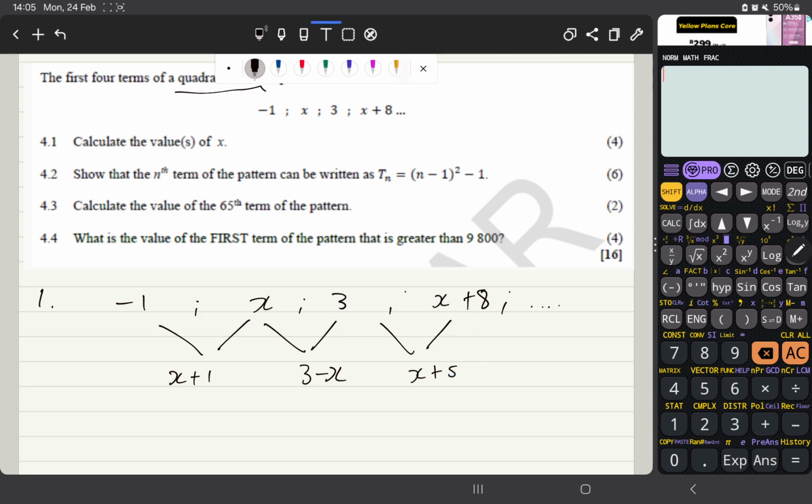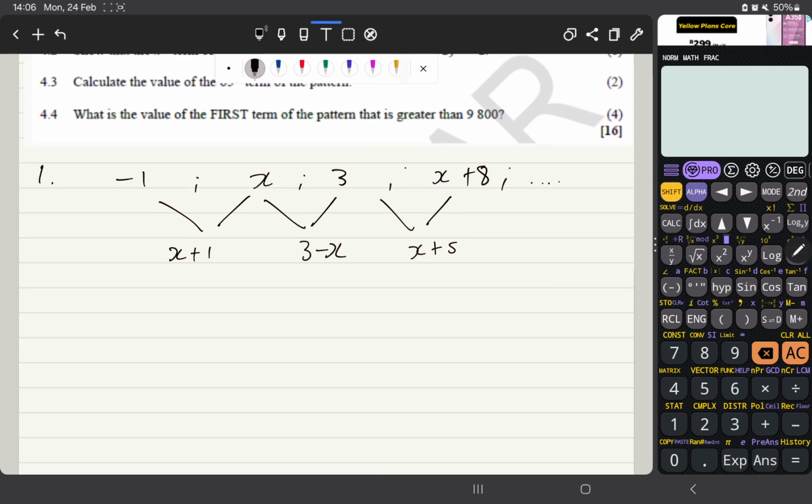So I'm going to have something like this. This is my first difference. Now I can find my second difference, which I think is going to help me a lot, because here I'll be having two second differences. I can equate them to each other and find x.